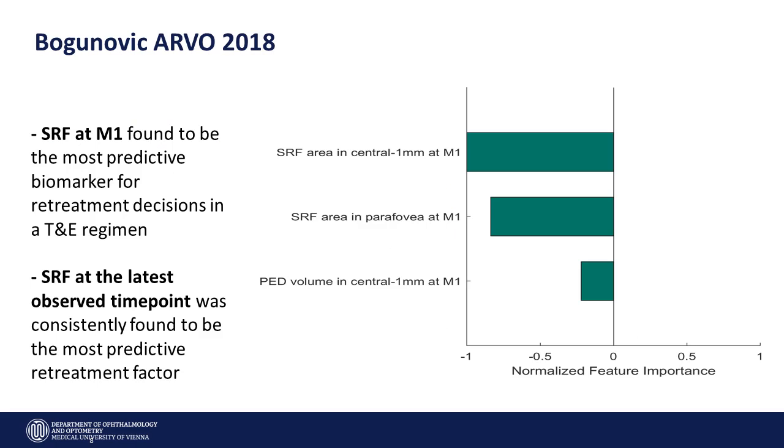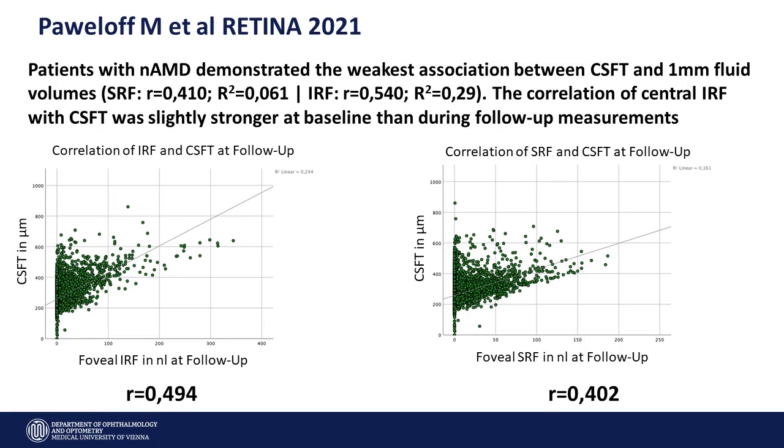About subretinal fluid per se, the jury seems to be still out, because what doctors do during long-term follow-up, either in a PRN regimen or treat and extend, they always treat subretinal fluid, so that subretinal fluid became the driving force in retreatments.